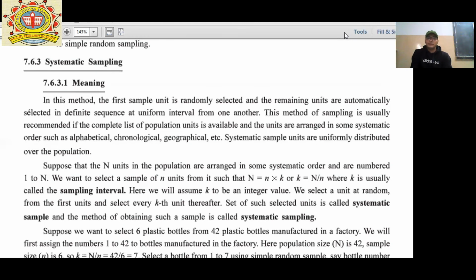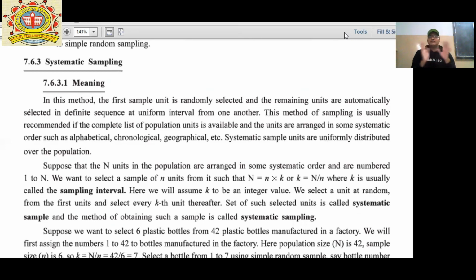This method of sampling is usually recommended if the complete list of population units is available and the units are arranged in some systematic order such as alphabetical, chronological, geographical, etc. Systematic sample units are uniformly distributed over the population.